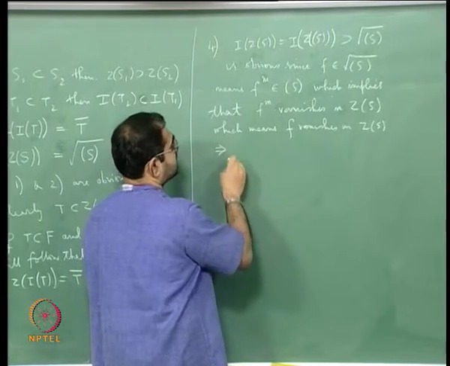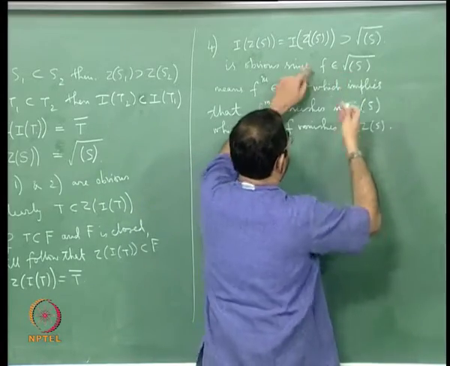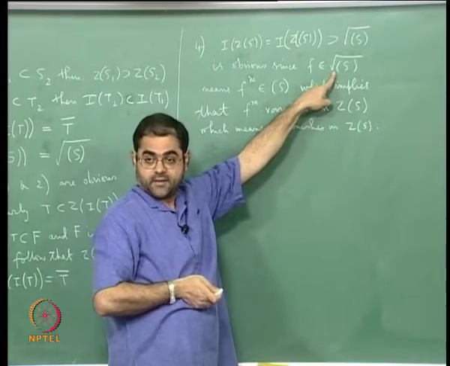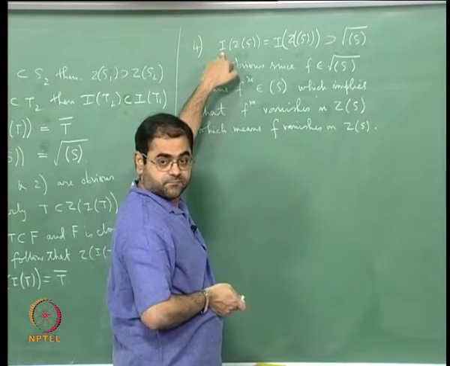So this means that if you start with an f in the radical of the ideal generated by S, it has to be in the ideal of Z of S, okay.